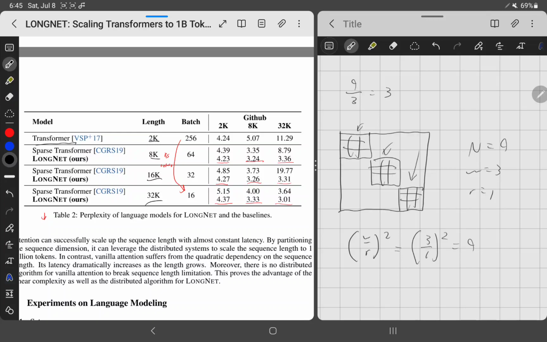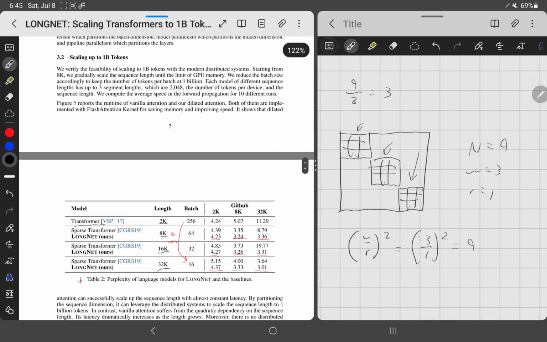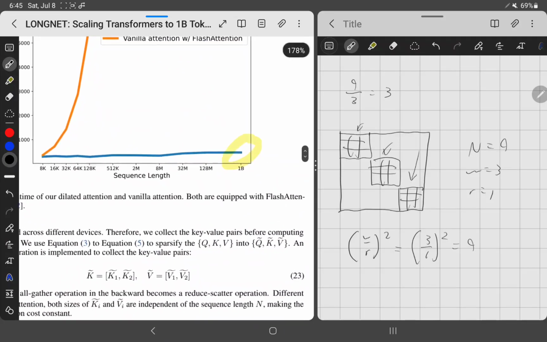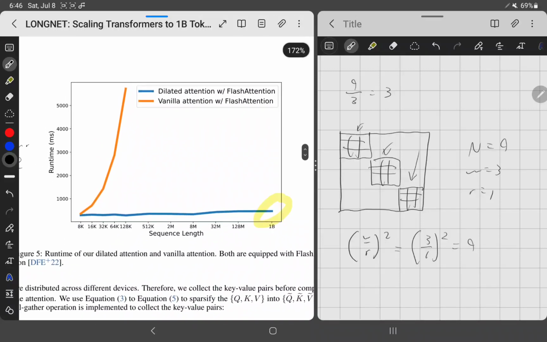Now, what about the billion tokens that I promised at the beginning? Well, this is kind of all they show for the billion tokens. They show that as you increase the sequence length, the vanilla transformer increases quadratically.